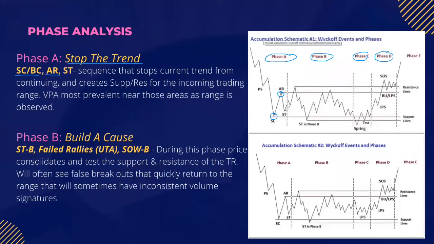Then we have a secondary test, which is the confirming of phase A. It is the confirming of us stopping the downtrend, because if we didn't have this secondary test in phase A, then after this automatic reaction, we would just continue structure to the downside, break that previous low, create lower lows and lower highs, right?